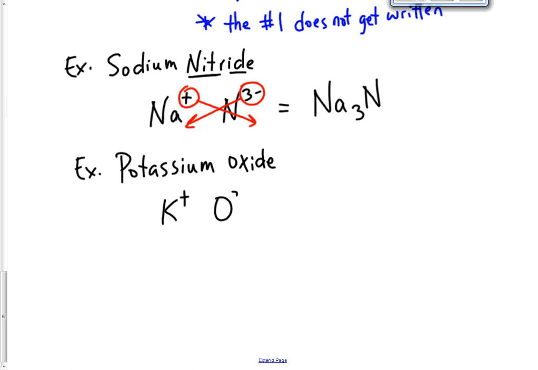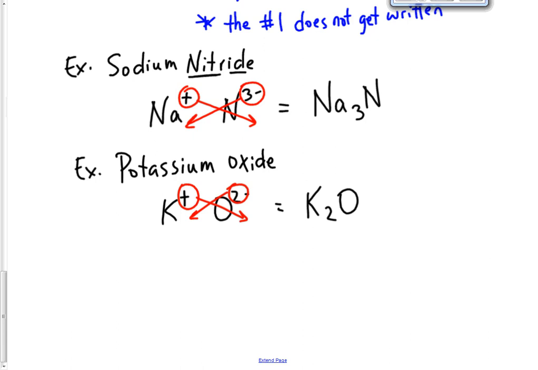Oxygen is in the 6th group, so it gets a 2 minus charge. Again, you're going to cross these to create the subscripts. The charges create subscripts. And then you end up with K2O.